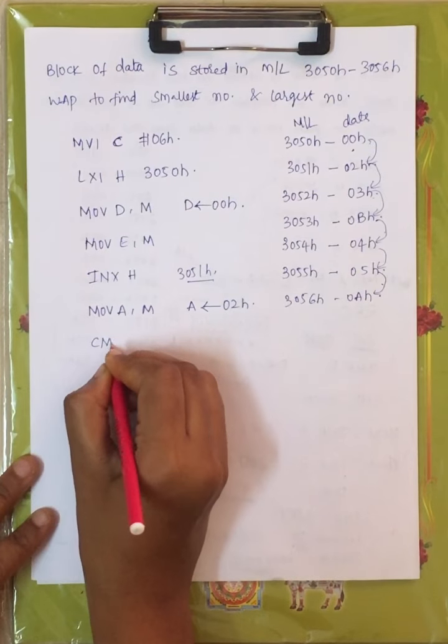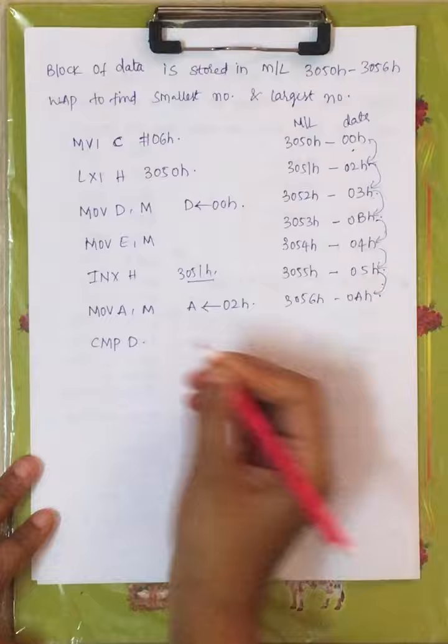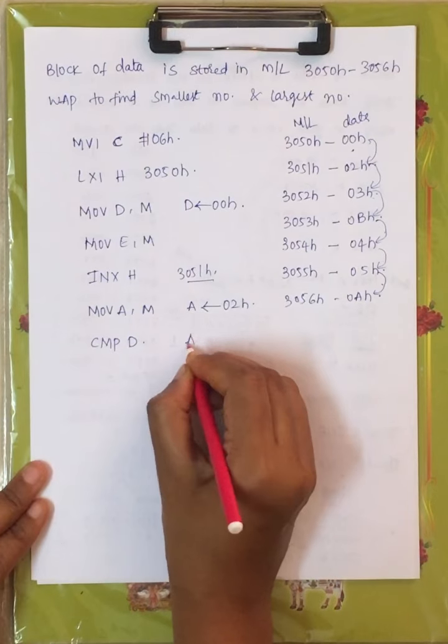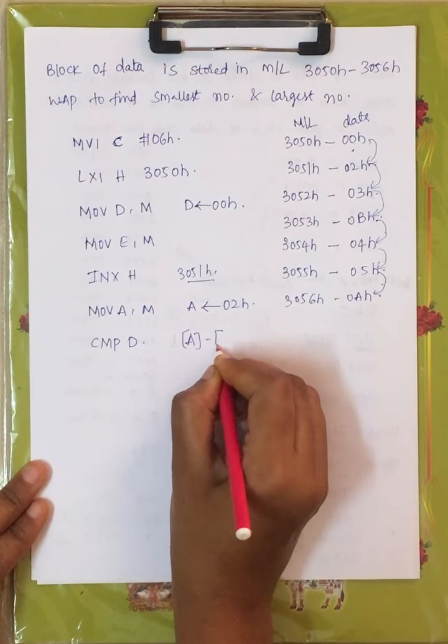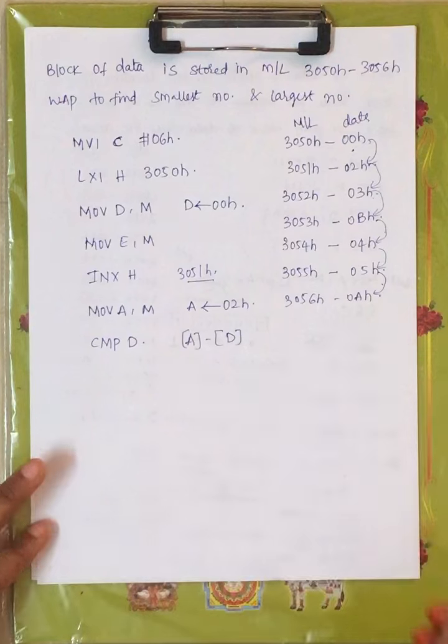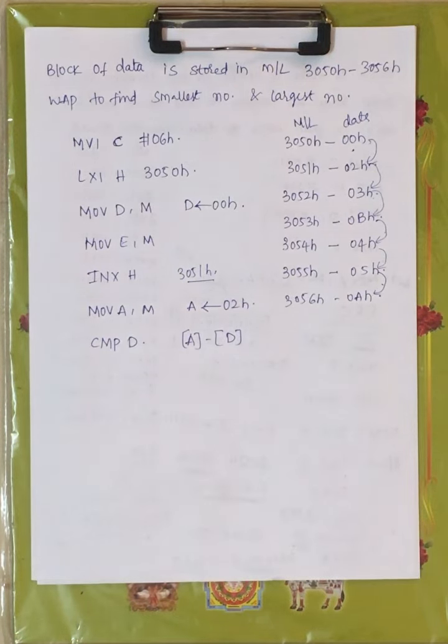Next, CMP D. That means it will compare the contents of the A register with the contents of the D register using a subtraction operation.